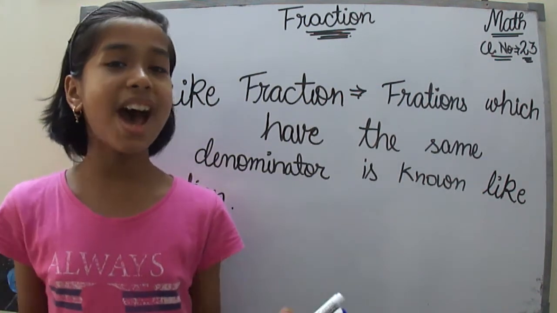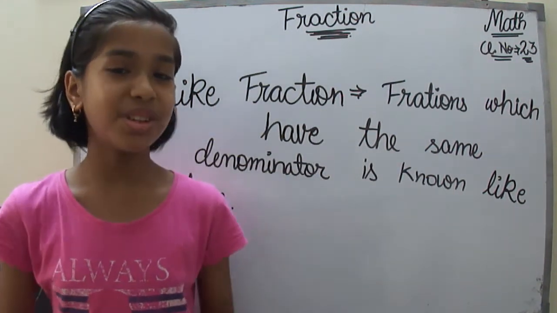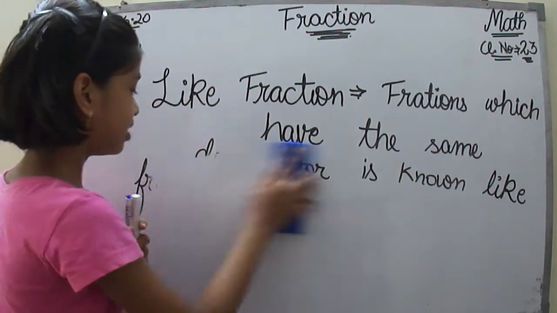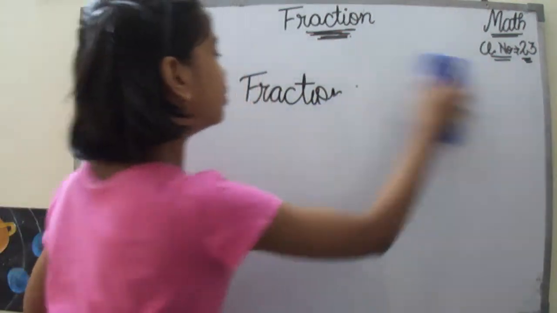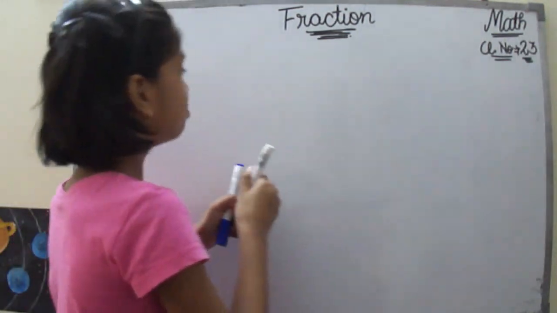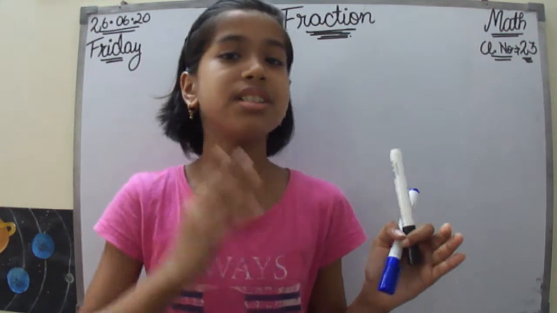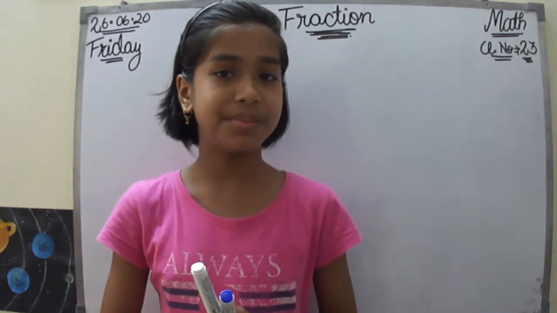Then we have proper fractions and improper fractions. I think you know that very well, but let's study them also. Firstly, proper fractions are the fractions in which the numerator is smaller than the denominator.